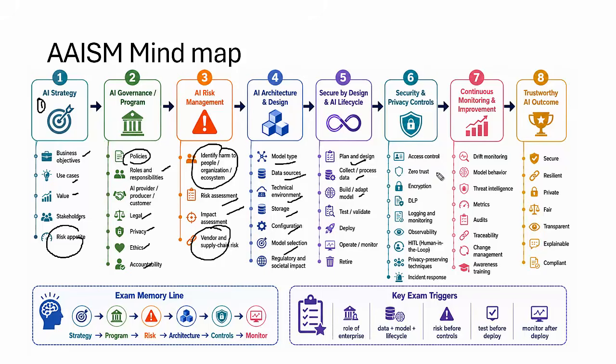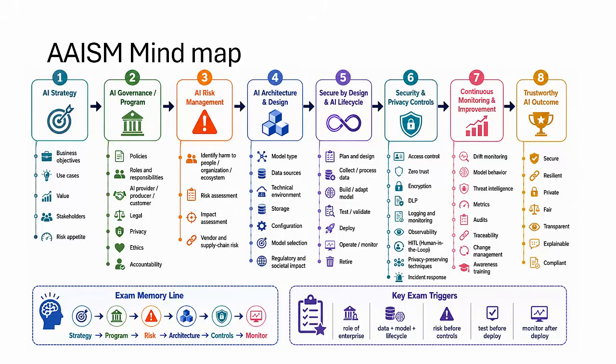Then we introduce the further controls: access control, zero trust, encryption, observability, privacy, agent technique, incident response, and all that. Is it working fine? We have a continuous monitoring process. And the outcome is secure AI, resilient AI, private, fair, transparent, and all that. So we start with the strategy, then we go for the program, assessing risk for the controls, then we introduce the controls in the architecture, we implement those controls, and we monitor. This is a very important part we need to understand.